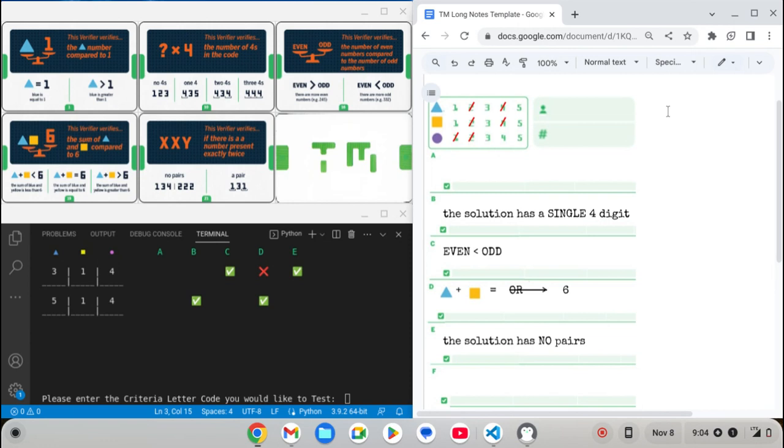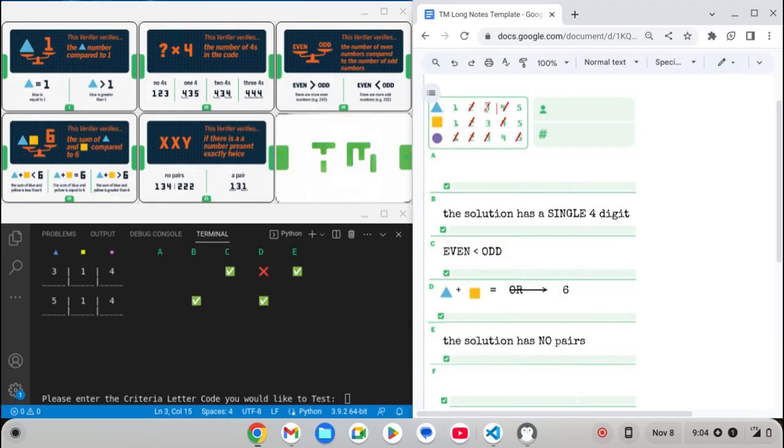And let's see, can we somehow deduce what triangle is? Is it the 1 or is it the 5? And I guess also, since we do have 2 odds and an even, and they're not paired up, that means we should be able to also cross out the 3s, even though 3 plus 3 does give us 6.